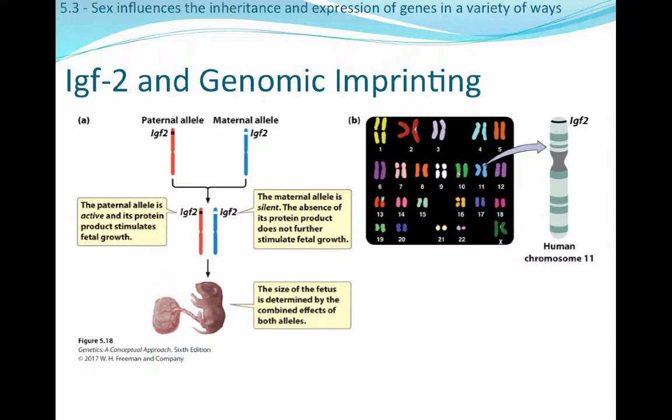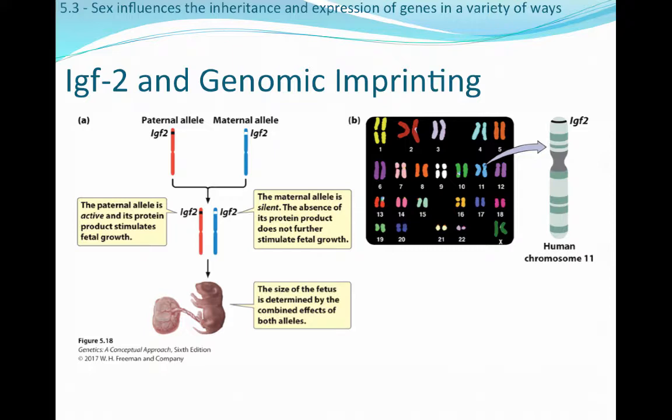So as those copies come together during fertilization, the paternal allele, or the red allele, is going to be the active allele, and its protein that is generated through transcription and translation is actually going to stimulate the fetal growth in gestation. So the maternal allele ends up being silent, and so the absence of its protein product does not further stimulate fetal growth. And so the size of the fetus is determined by the combined effect of both alleles.